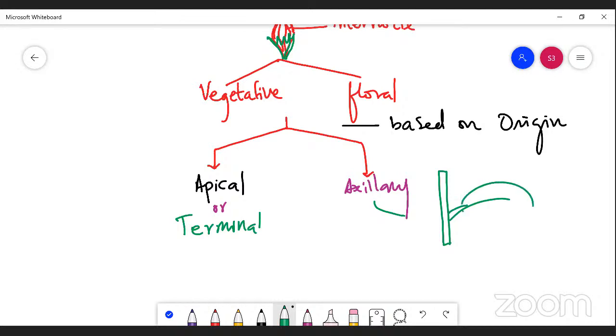Here, just above the petiole, you can see there is a bud that arises from the axil part. This is called an axillary bud. I repeat once again, axillary bud. It is also known as the lateral bud.